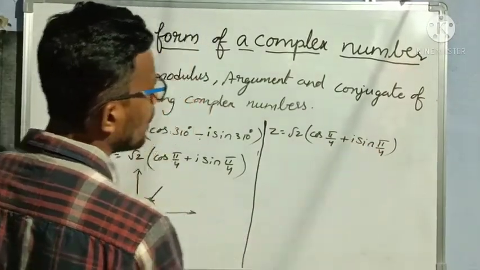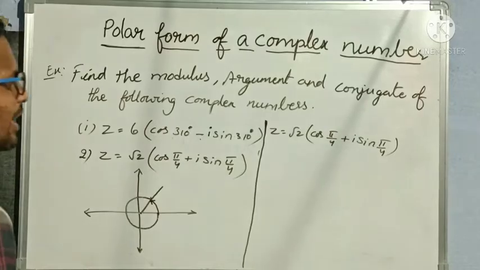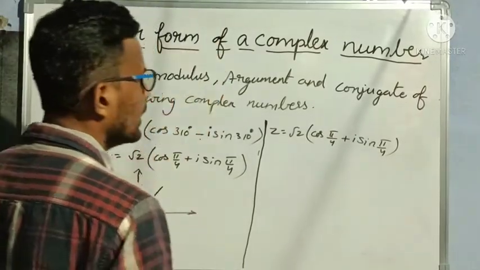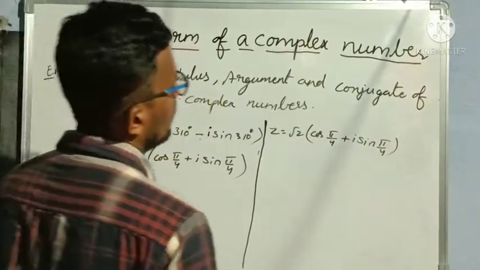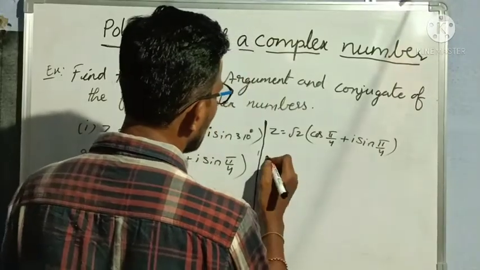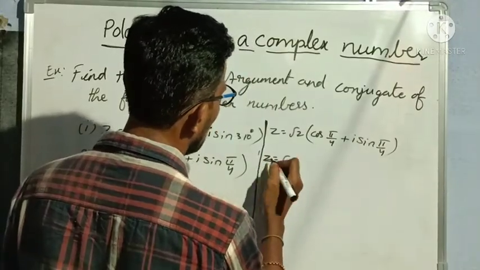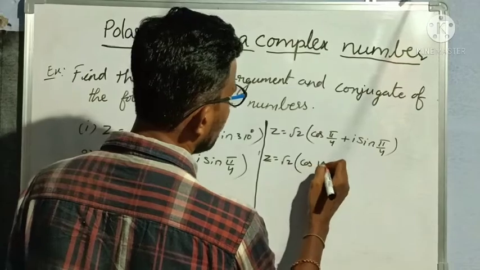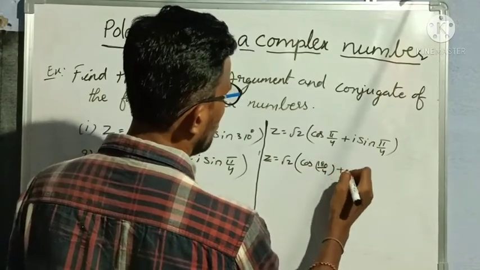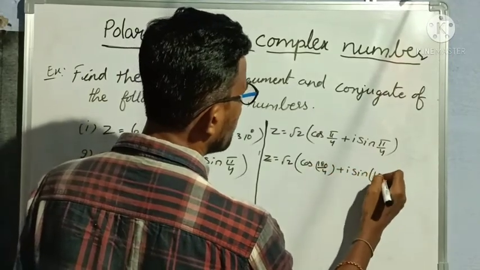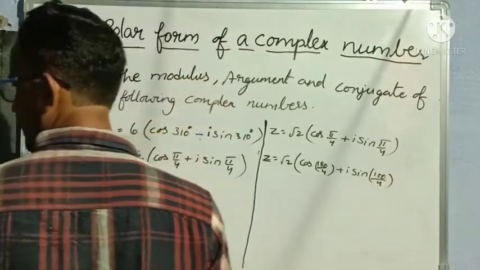Pi value is how much? Pi value is 180 degrees, right? So 180 by 4 is 45. So z is equal to root 2 into cos of 180 by 4 plus I sin of 180 by 4.